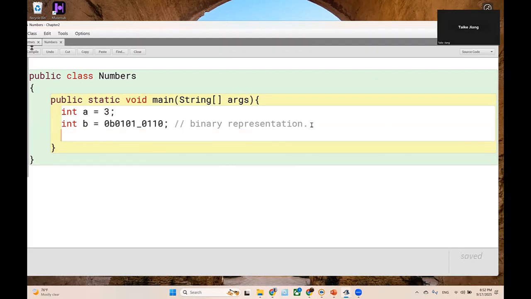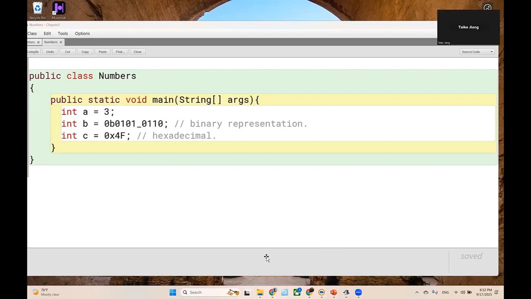You may also have a number that is 0x 4x. This one is hexadecimal. So these are different integers. Now let's go back to here.